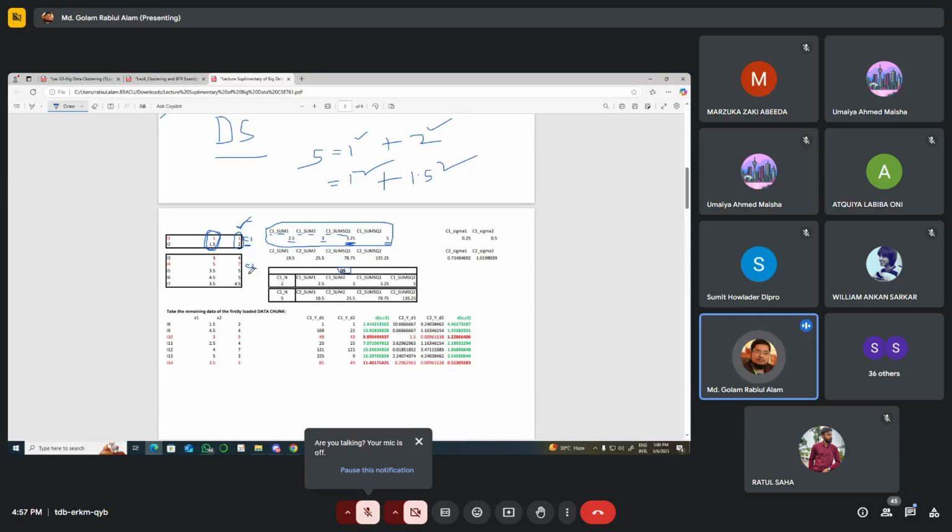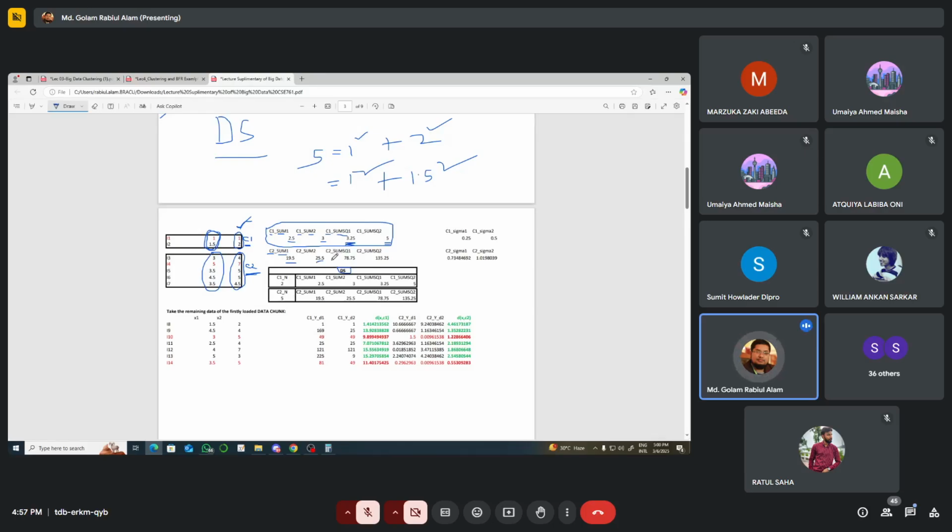Similarly, from C2 we also have to store those statistics. For cluster 2, the sum of dimension 1, we just sum up all these values and you will get 19.5. And for the second dimension of C2, if we sum up those values, we will get this value.